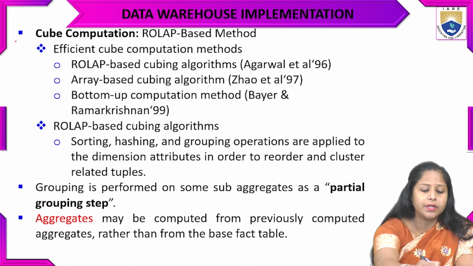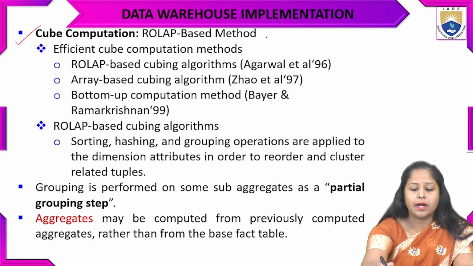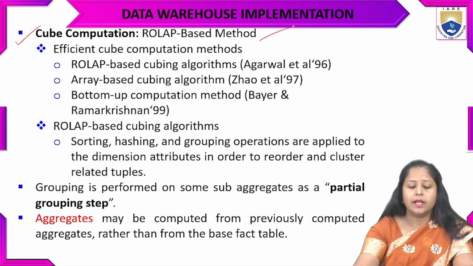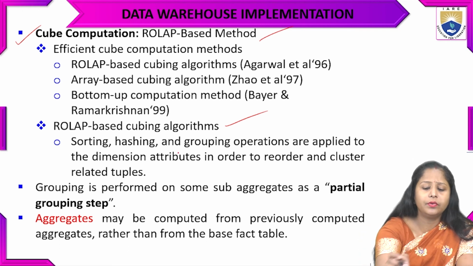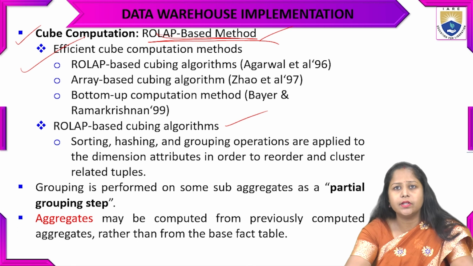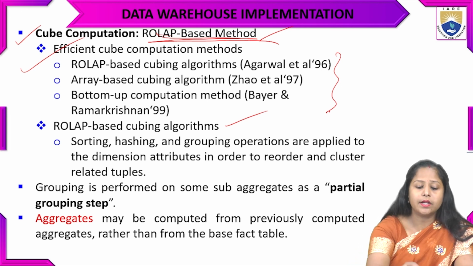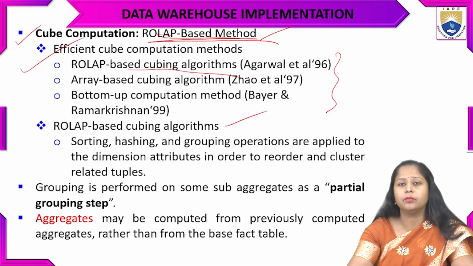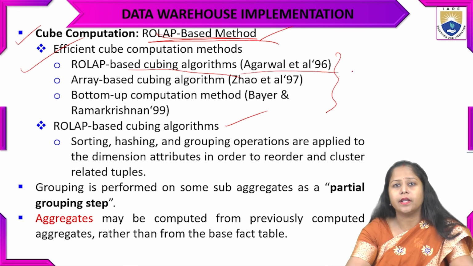For the cube computation, in the next phase we can have the cube computation. For that, we need to apply the ROLAP based models and ROLAP based cubing algorithms. For the ROLAP based methods, there are efficient cube computation methods which we can use. Those ROLAP based cubing algorithms were implemented by Agrawal et al. in 1996.